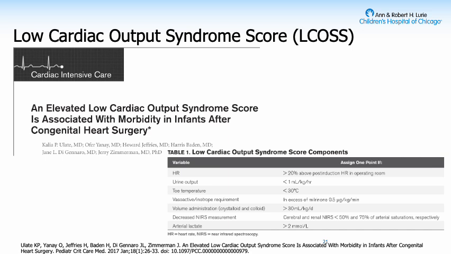A high vasoactive or inotrope requirement, a high volume administration requirement, greater than 30 mils per kilo per day, and then those measurements of oxygen consumption and of lactate generation that we talked about, decreased NIRS as a surrogate for a low mixed venous, and arterial lactate being super important in the assessment for low cardiac output.